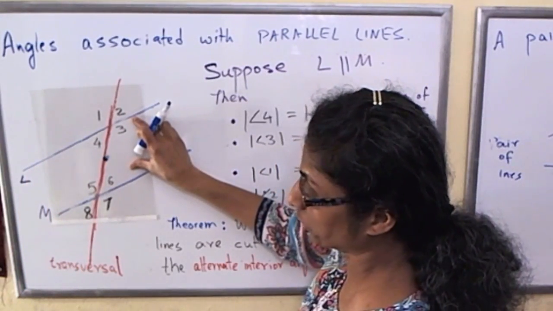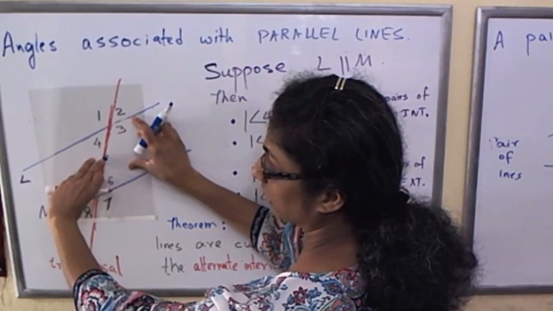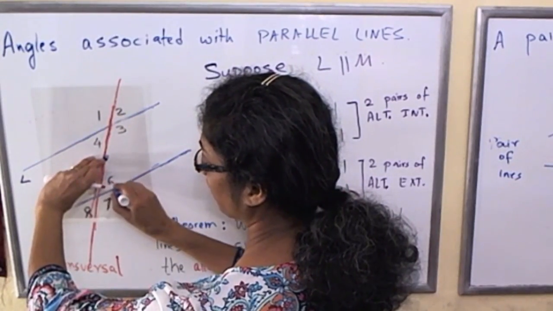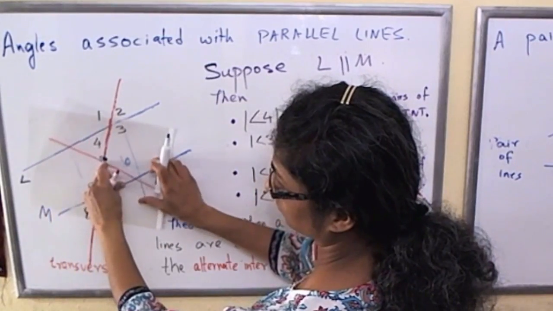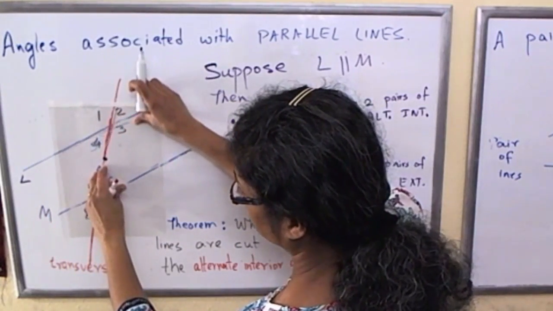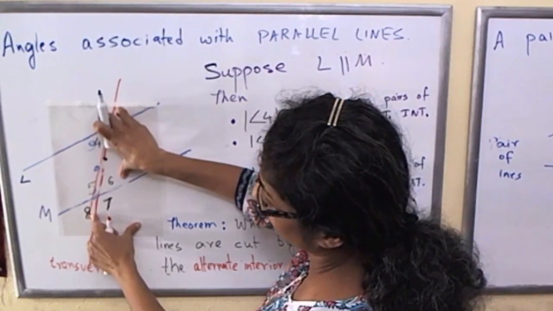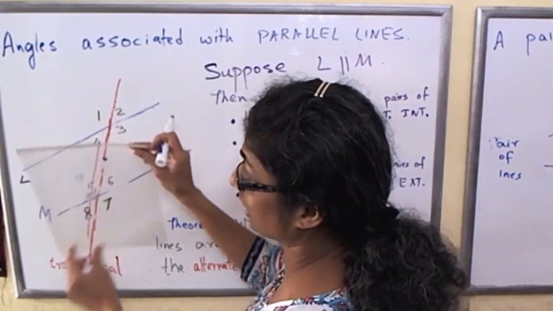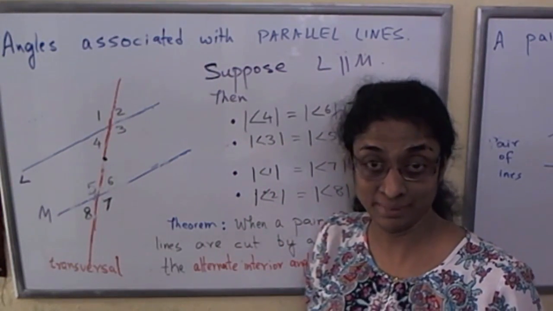And now I'm going to perform a rotation about this point by 180 degrees. And let's see what happens to this angle 6. Notice angle 6 was mapped to angle 4 by the rotation. So those two angles are congruent, they're equal in measure.